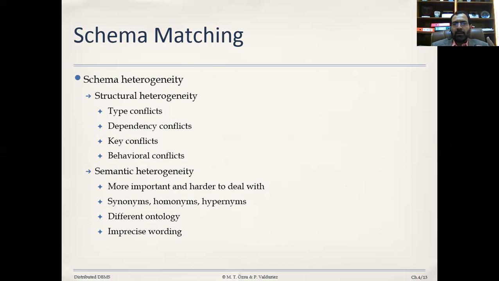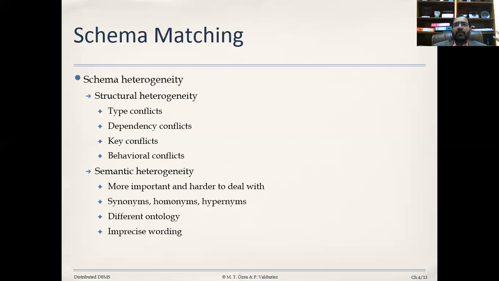One thing is represented in the form of numbers, and on the other side it might be represented as a character or a string. Something represented as a date in one place is represented as a string elsewhere, or something represented as currency might be represented as a number on the other side. So these are type conflicts.